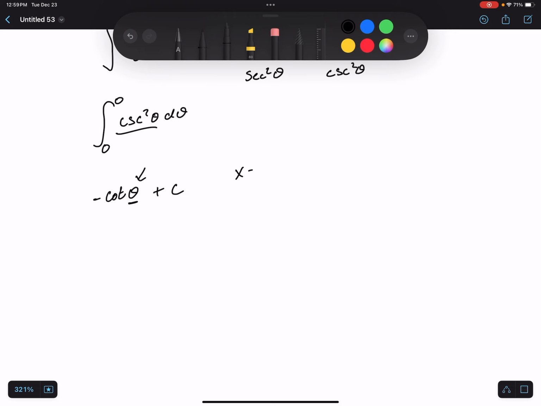So if we say x equals sine theta, then we can deduce from that that in our triangle, if we let this angle here be theta, sine is opposite over hypotenuse, so in this case it would be x over 1. And if we let this equal y for now, we can solve for y by saying 1 equals x squared plus y squared. Therefore y must equal the square root of 1 minus x squared.